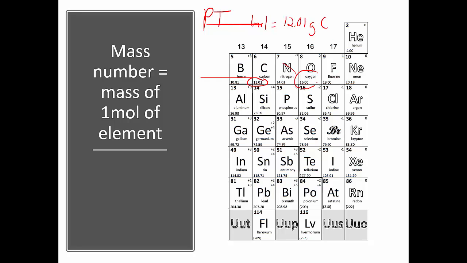Or for oxygen, 1 mole of oxygen would equal 16.00 grams of it. So for any element on the periodic table, the amount of mass in grams equals 1 mole. That's going to be our key part.